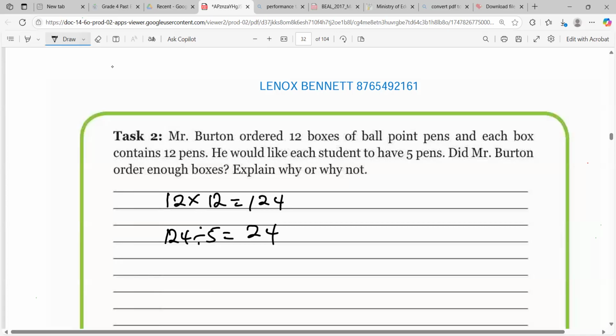If he bought enough, and what's the reason? No, he did not. And the reason he did not was because 12 pencils in 12 boxes would equal 124, which you just couldn't make 5. So that's wrong.